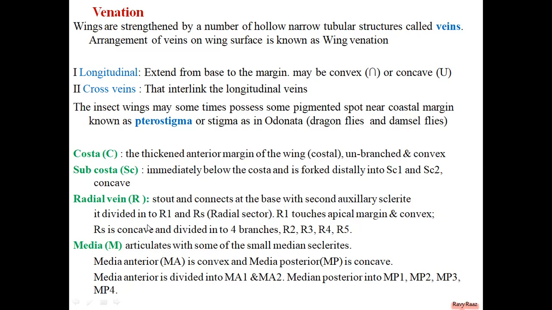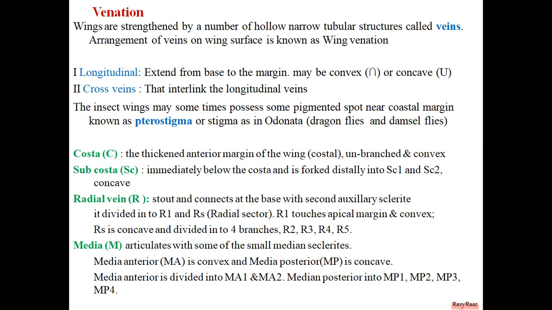Next is media. Media anterior is convex and media posterior is concave. Firstly media is divided into two parts: media anterior and media posterior.